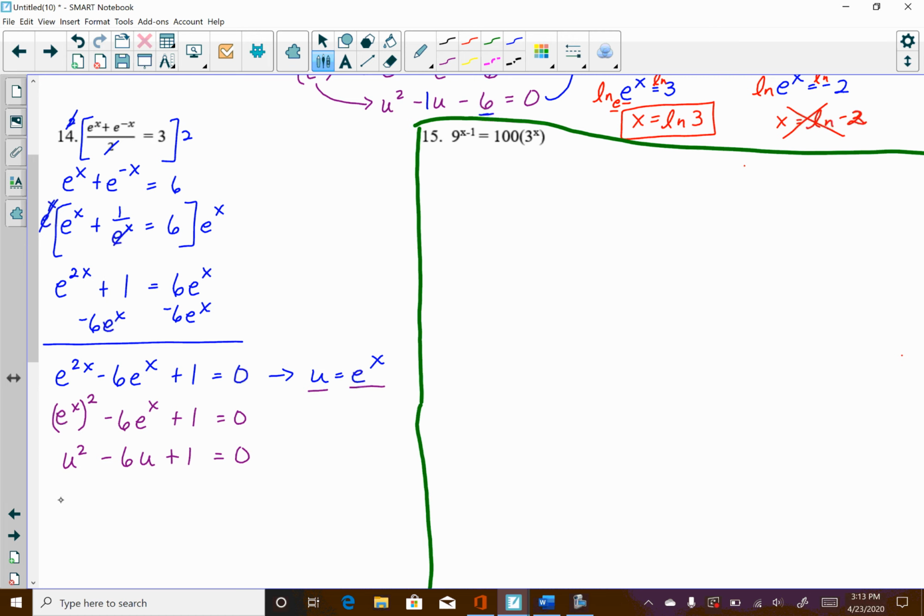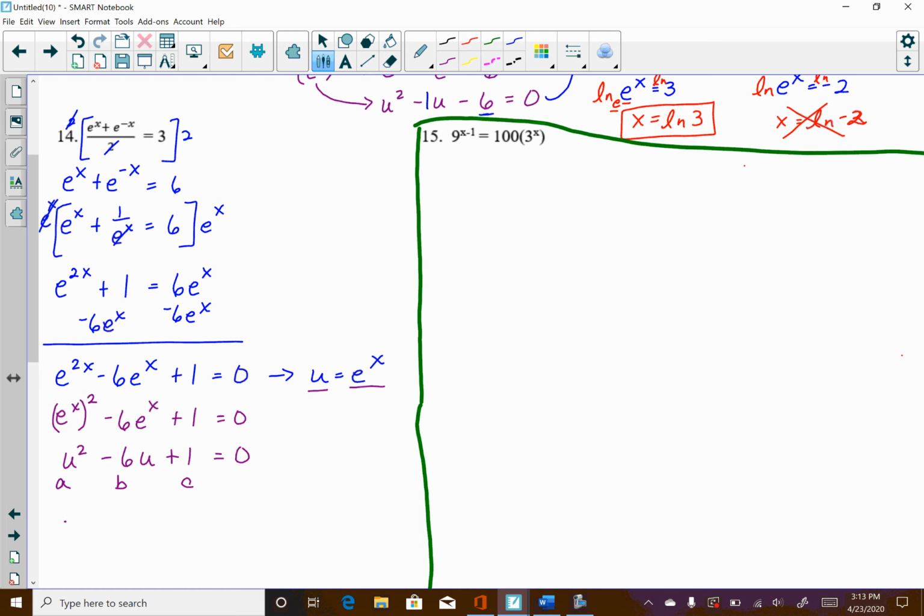Now, typically from here, we try to factor u and u. The only way to multiply to give you 1 is 1 and 1, and there's no way out of 1 and 1 you're going to be able to get a negative 6 here in the center. So what that means is I can't factor this. I'm going to have to use the quadratic formula. So we say opposite b. Remember, this is your a, b, and c.